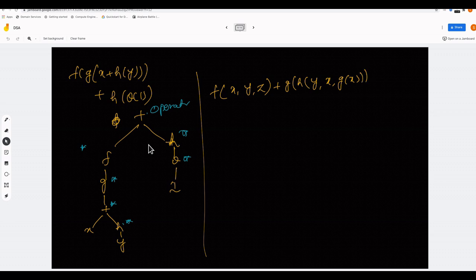This is the trick. F of x y z plus g of h comma y comma x comma g of x. I think by now you can just look at the expression and try to get the depth. Can you try to make a tree here?